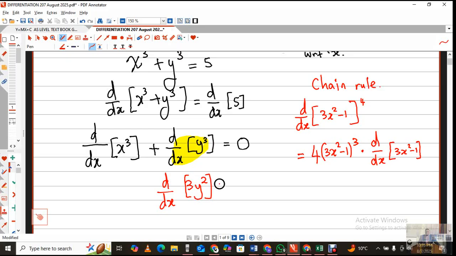But then you are going to multiply that by the derivative of the stuff inside, d by dx of y, the derivative of y.